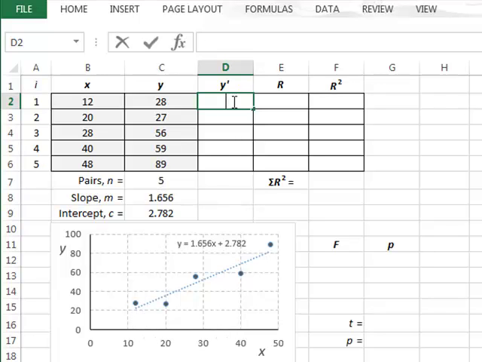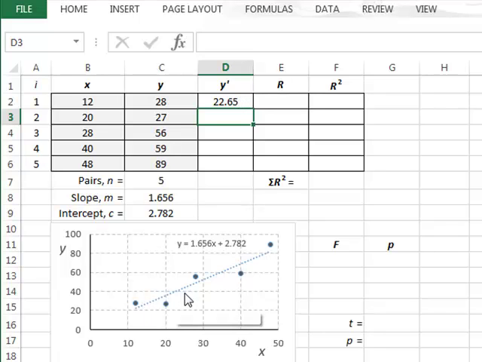To do that, we will use the straight line equation y equals mx plus c, with the slope multiplying the x value, which is in B2, and then plus the intercept value, which is in C9. So at the value of x equals 12, the experimental x value was 28, and the y value of the best fit straight line, y dash, is 22.65.